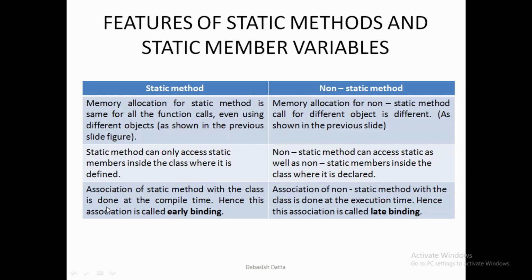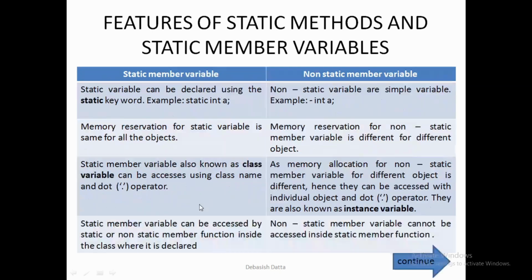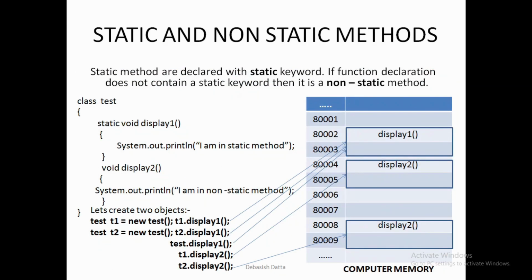Yes, the association of a static method with the class is done at compile time. This is important. Let's go back to the previous example. Here you can see the display2 method: the memory reservation for the display2 method has been done twice in the computer memory.